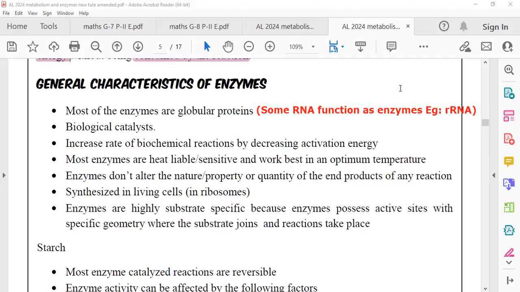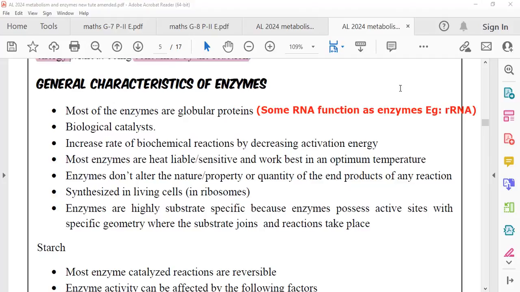Only difference is without enzyme, it will take longer time. That means rate is low. With enzyme, it will take a shorter time. That means rate is high. Understood?